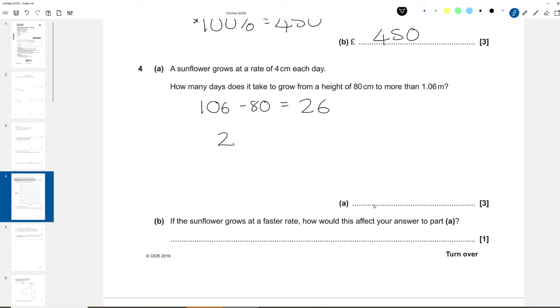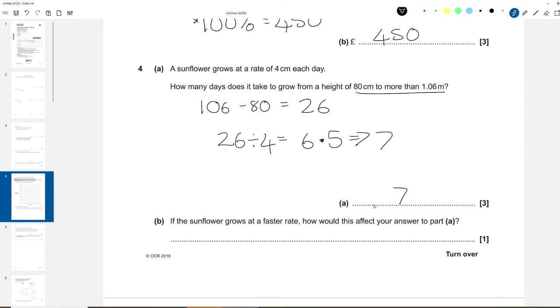Now, if we do 26 divided by 4, we will get 6.5. Now it says how many days does it take to grow from a height of 80 centimeters to more than 1.06 meters. So it would take actually 7 days altogether.